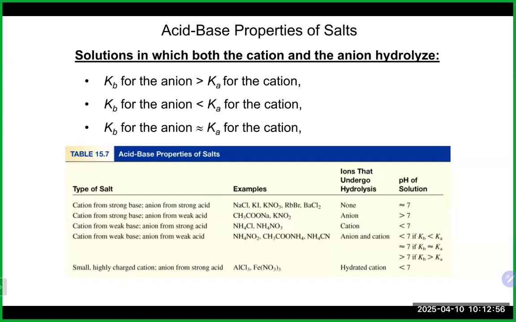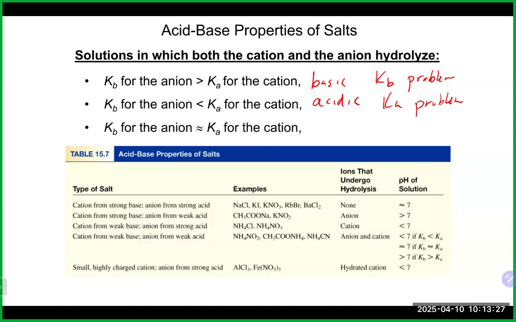And if you do that and the Kb value is bigger than the Ka value, then you could assume that the solution would be basic, and you basically would do a Kb problem. Now, if the Ka value for the positive guy is larger than the Kb value for the negative guy, because Ka is larger, you would assume the solution's acidic, and you would do a Ka type of problem in that case.